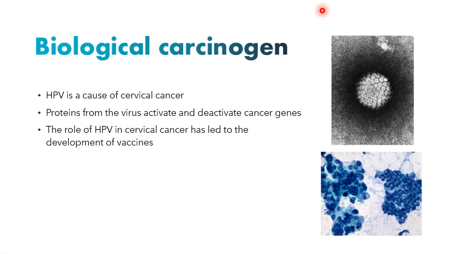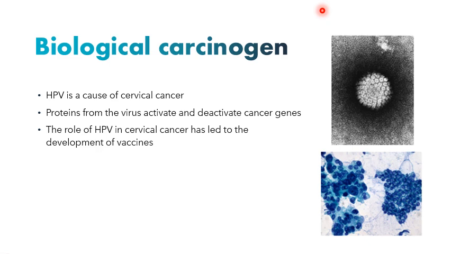So when HPV enters the cell of the cervix, proteins made by this virus activate and inactivate the oncogenes and tumor suppressor genes respectively. And it is like a machine for turning on lots of cancer genes. So these viruses will just trigger these oncogenes and will stop or inactivate some tumor suppressor genes.